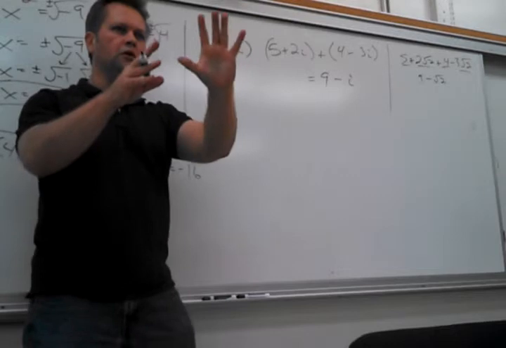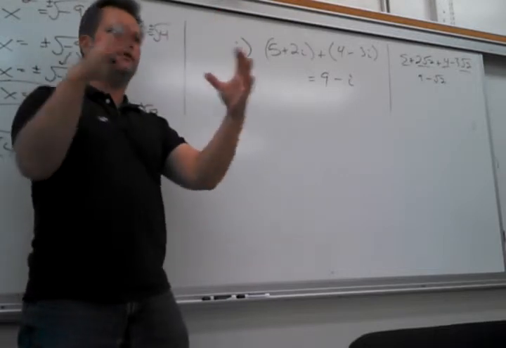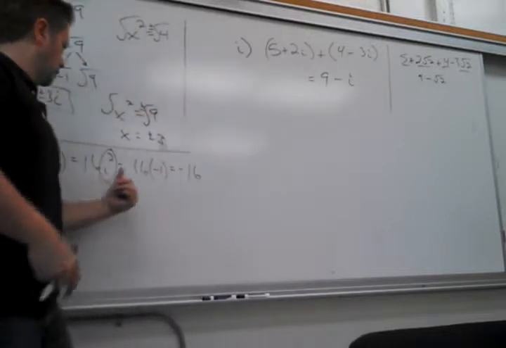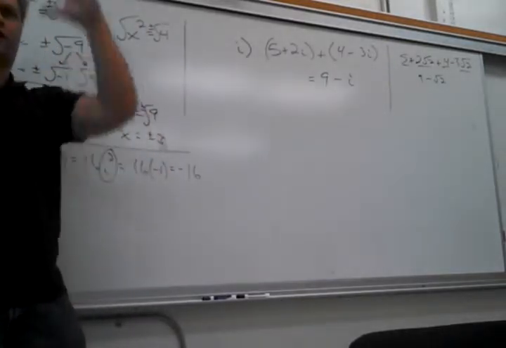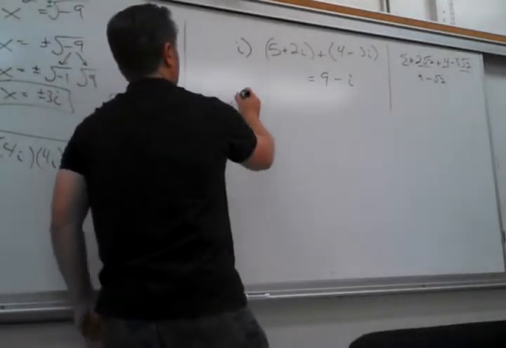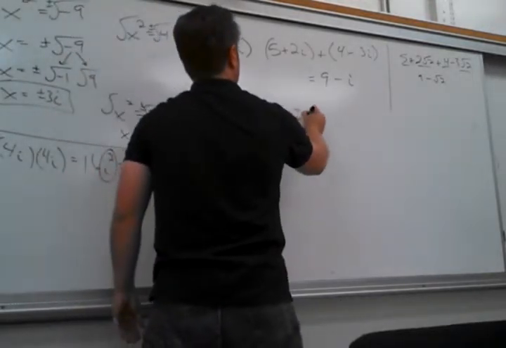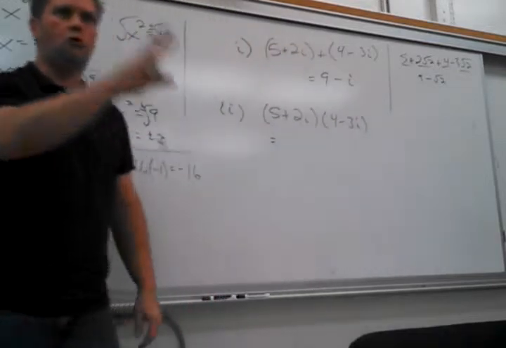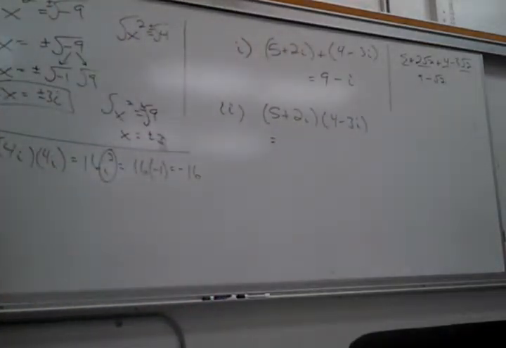Now, you said foiling earlier, so now when I start multiplying these things, what's going to pop out of it that we're going to be careful about? i squared. That's the first step, treat it like it's a variable. So how would I multiply these instead? The first step is good old normal stuff. Alright, good.